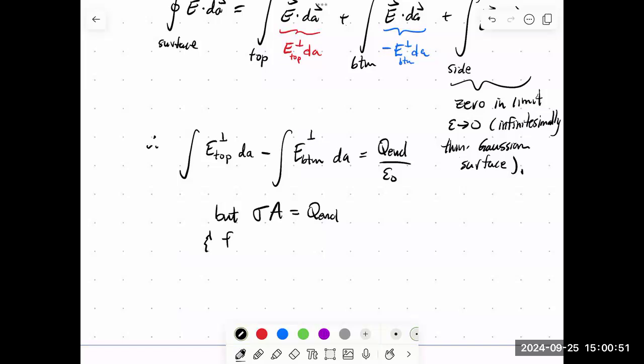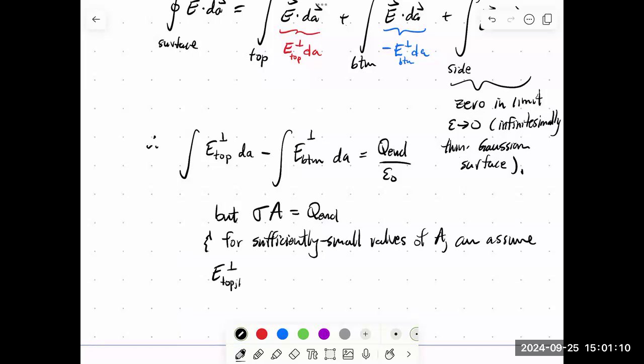And for sufficiently small values of A, we can assume that E perpendicular top or bottom is approximately constant.